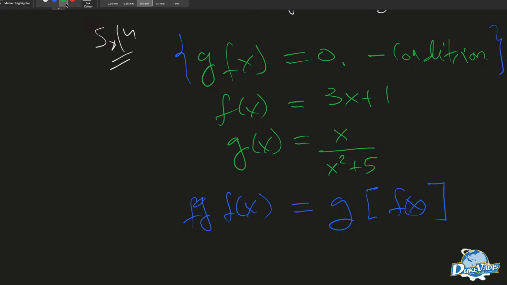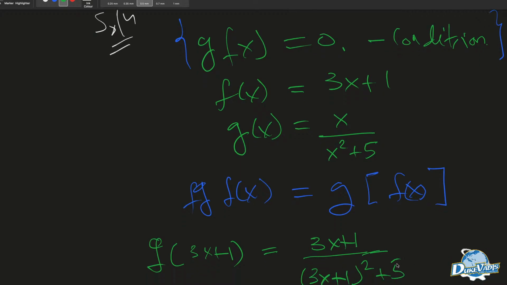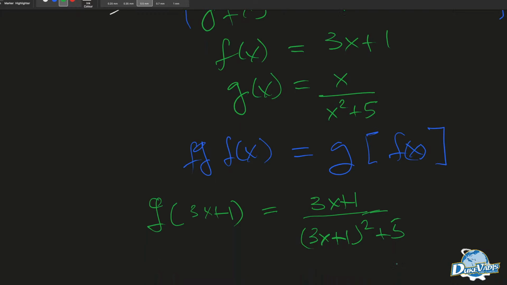So f of x, 3x plus 1, into g will be equal to, wherever we see x, that will be 3x plus 1. So this will be 3x plus 1 all over 3x plus 1 squared plus 5. So this is the definition of g f of x.